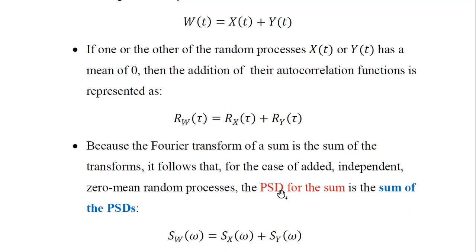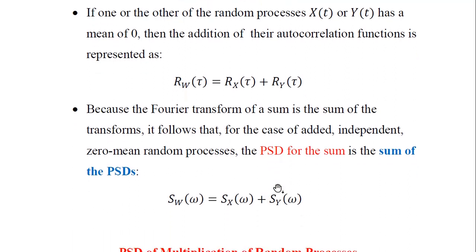The power spectral density for the resultant sum is equal to the sum of the individual PSDs, or power spectral densities, of the participating random processes x and y here. Mathematically we can represent this by the PSD of the sum, that is w, is equal to PSD of x plus PSD of y.